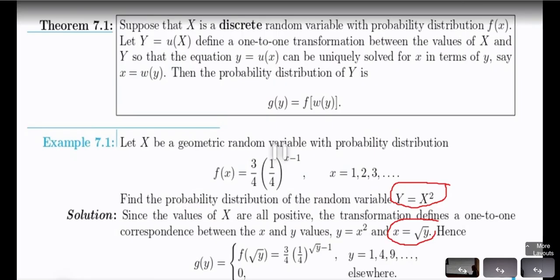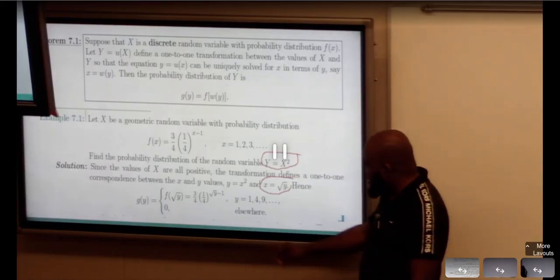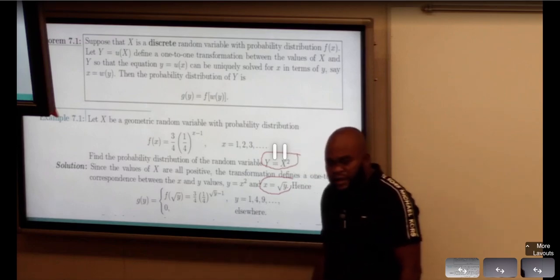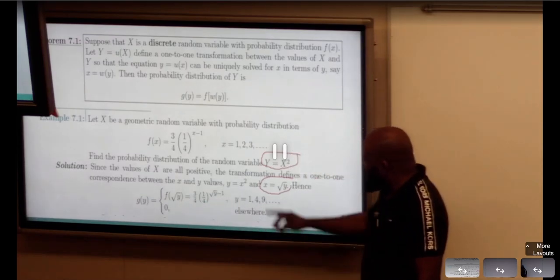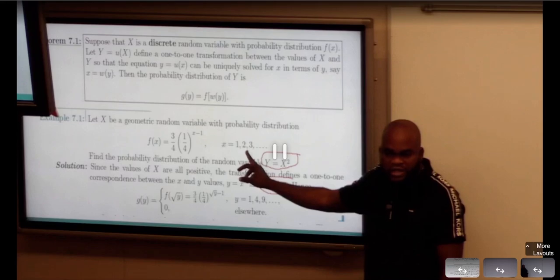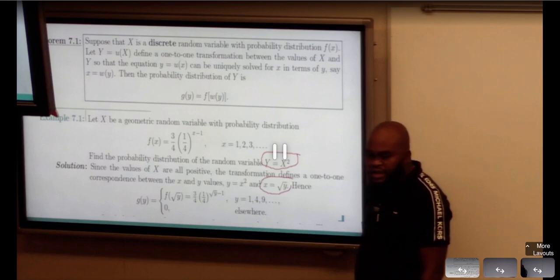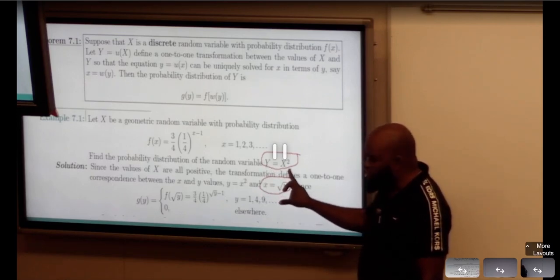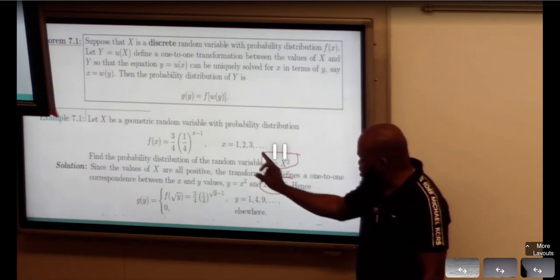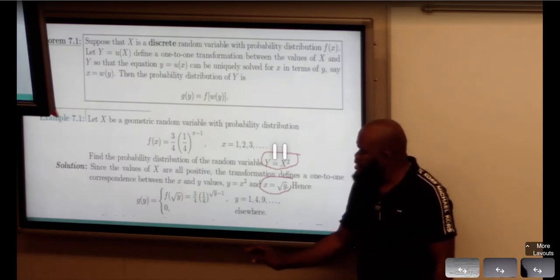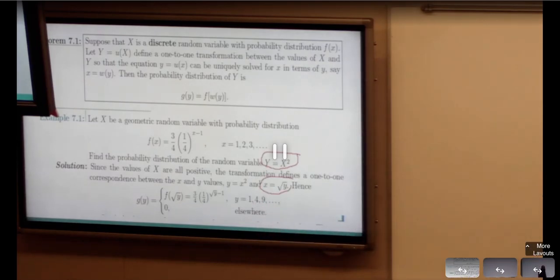Wherever I see X, I'm going to plug in the square root of Y, and that's exactly what I've done here. And when I plug in the square root of Y, I'm no longer going to use this state space. Don't forget, the state space for X is 1, 2, 3, and for Y, it's going to be X squared. So which means I need to start squaring that. That was why you get that, 1, 4, 9. Now, if the probability distribution is discrete, and you want to do a transformation that has to do with one-to-one, it's very easy. That's how we do it.